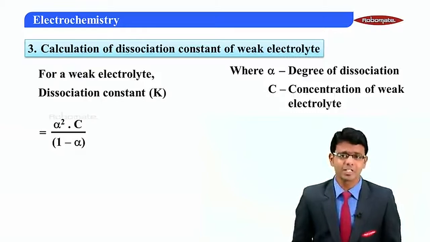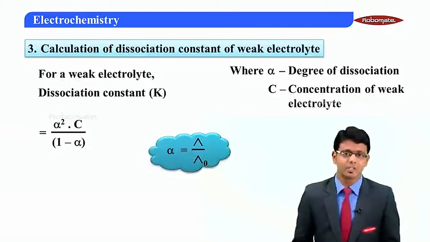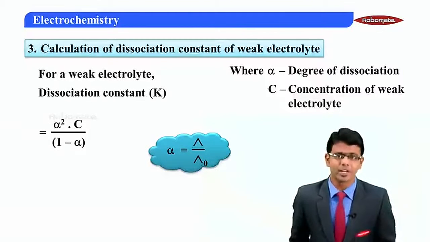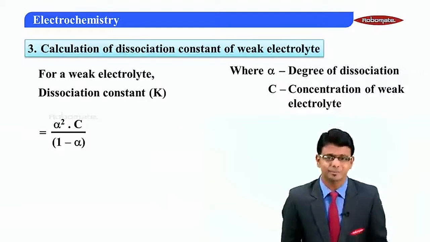Just now we studied that the degree of dissociation alpha is equal to lambda upon lambda naught. So in this equation, we can simply substitute the value of alpha, right?